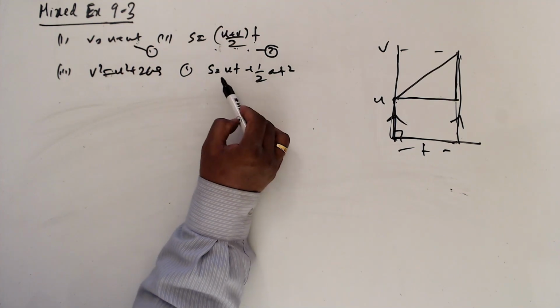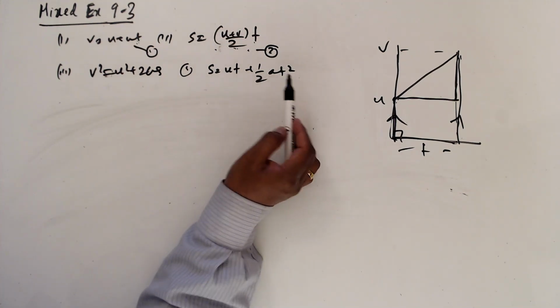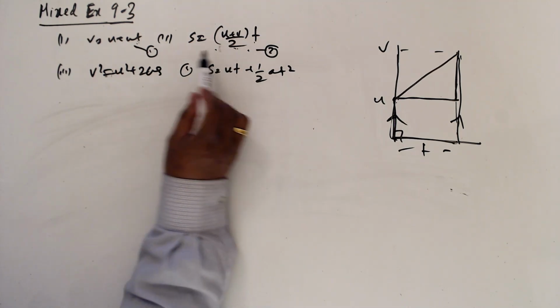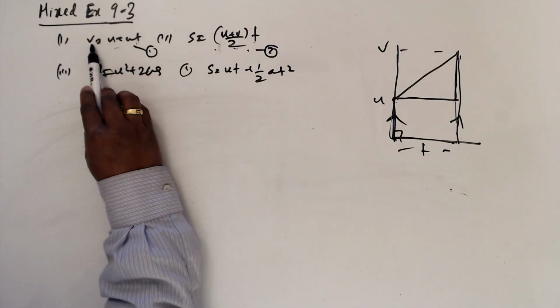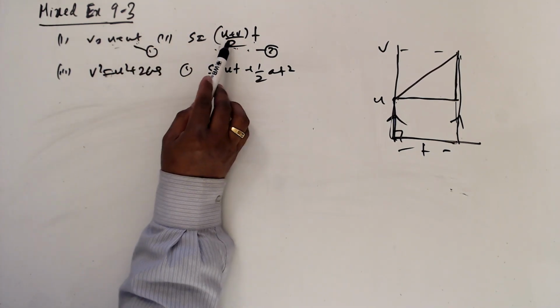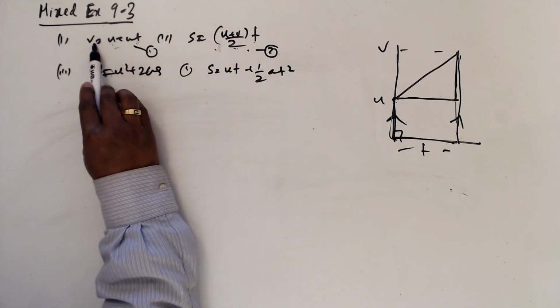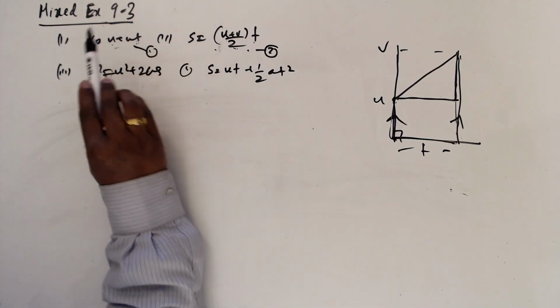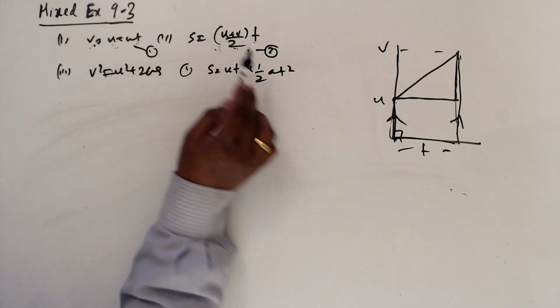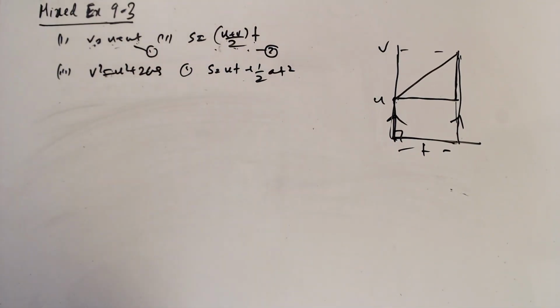Now S equals UT plus half AT squared. We want to show that. Which one is missing from here? You can see that U is here, T is here, A is here. The missing part is V. So what we could do is apply this one to here instead of V. We want to vanish V to get this one.